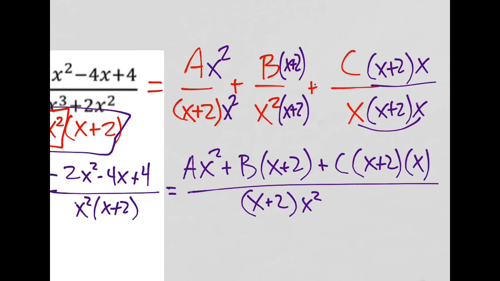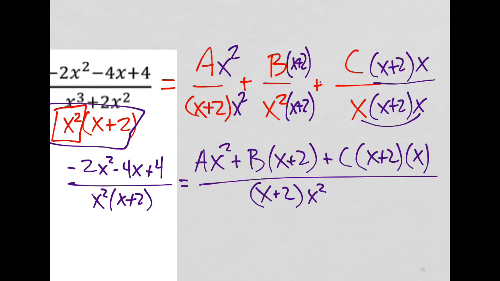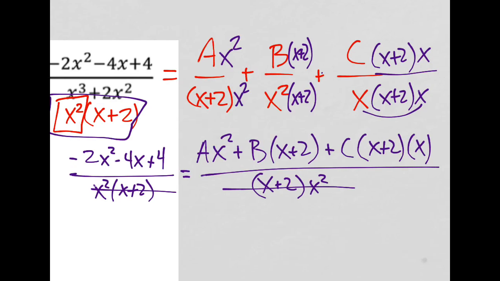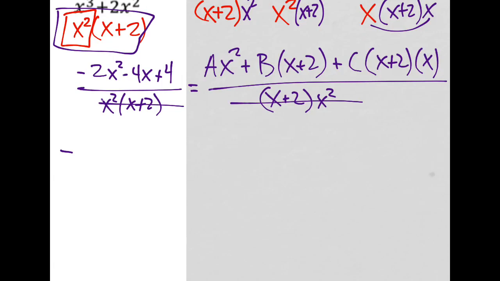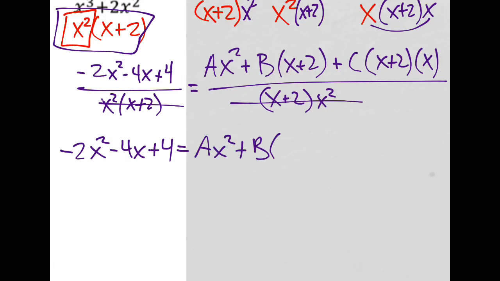Now the key piece here is now we have a common denominator, which means we can ignore them and just look at the numerator. So we have now negative 2x squared minus 4x plus 4 is equal to ax squared plus b times x plus 2 plus c times x plus 2 times x.